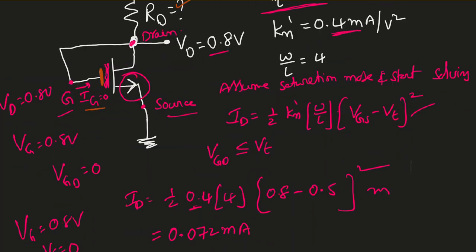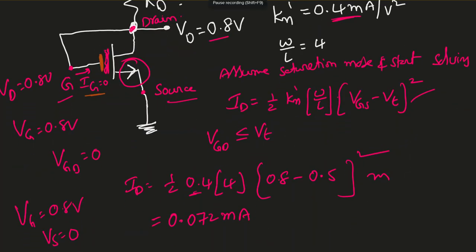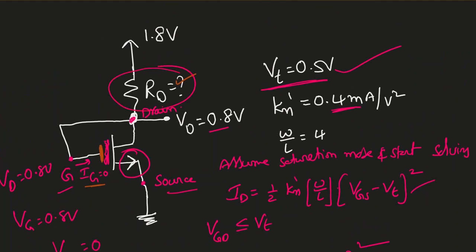Now our goal here is finding the RD value. RD is right there. So 1.8 minus VD must be RD times ID. I know the VD value, I know the ID value, so I can find RD.